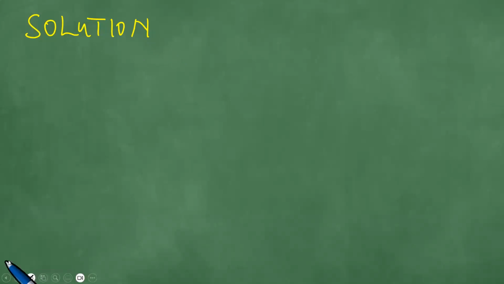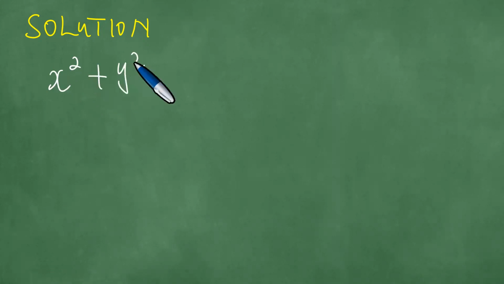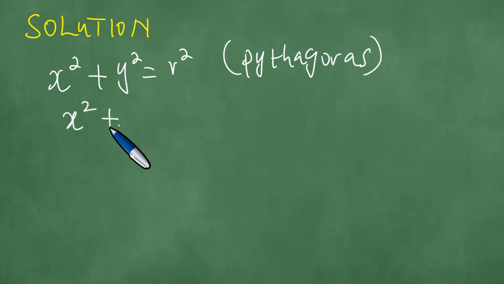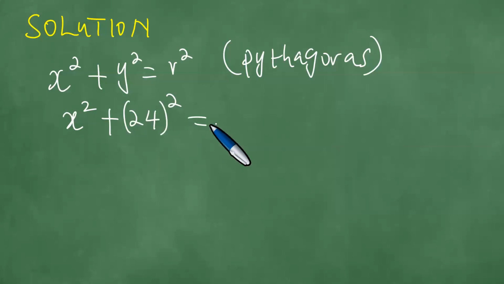Right, in presenting the solution we use x squared plus y squared is r squared, which is Pythagoras. We have x as it is, but y is 24 squared, which is r squared, which is 25 squared.